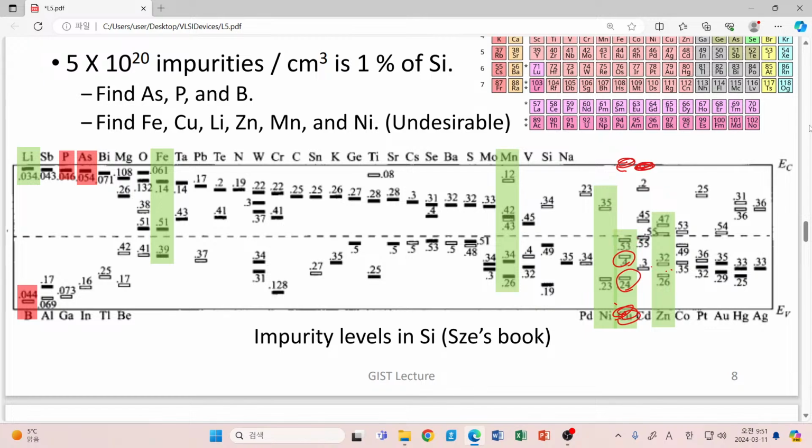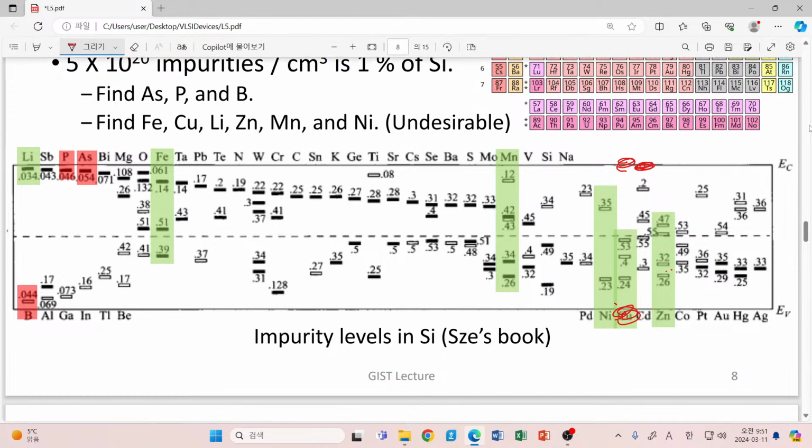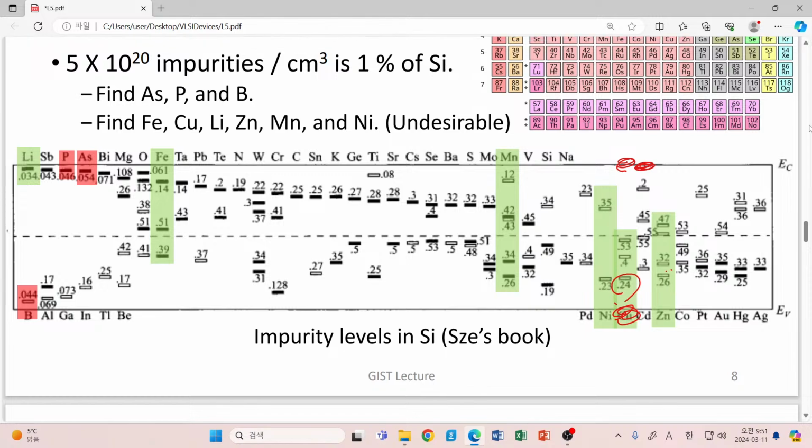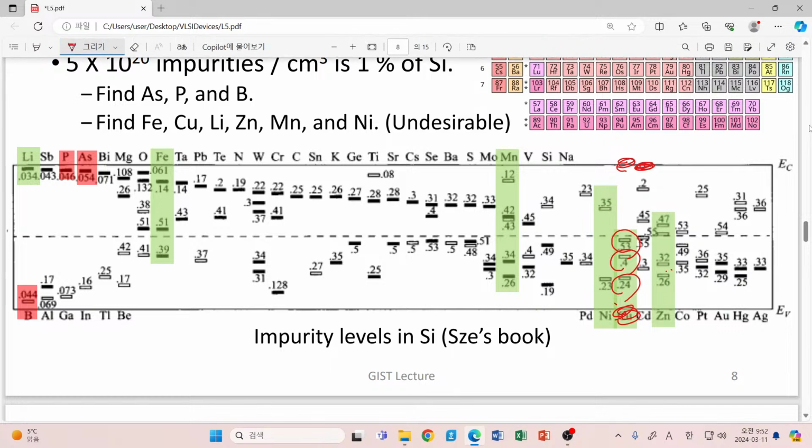However, please try to read the energetic difference between the valence band and those levels. Can you read it easily? To me, it looks like 0.24 electron volt, and this corresponds to 0.4, and another one is 0.53. Yes, it is slightly closer than the conduction band.